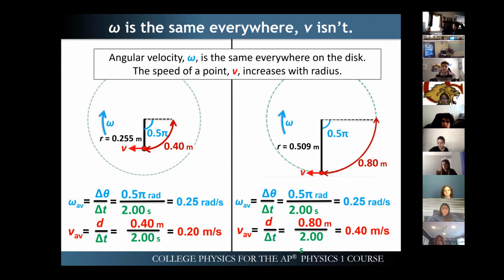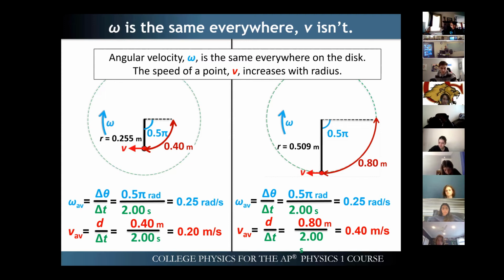So hopefully you get that concept. You may even want to write those 2 sentences into your notes, because that fact that the angular velocity is the same everywhere is one of those pivotal facts when you're solving problems. When you're thinking about 2 different objects on the same rotating device, if you remember that their angular velocity is the same no matter where they're at, that simplifies so many problems.